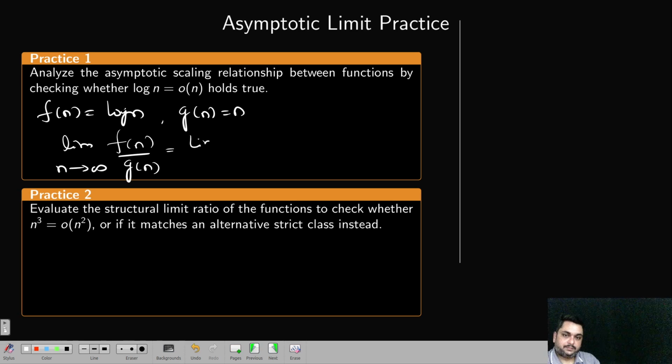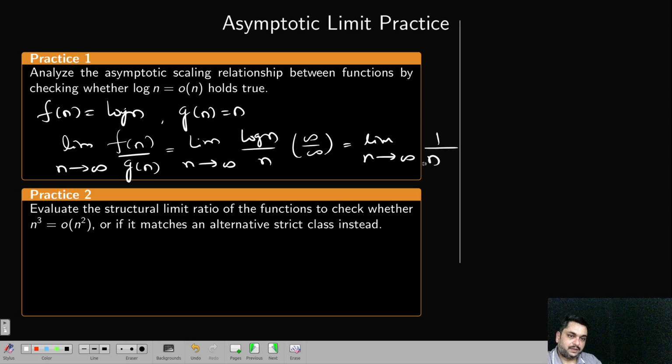So the limit of log n divided by n is again infinite divided by infinite, so I can apply L'Hopital's rule. Differentiating, log n gives 1 by n, and the derivative of n is 1. So 1 by infinity is 0. Hence I can write log n is equal to little o of n. This holds true.